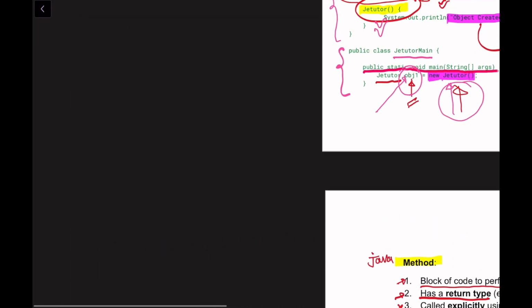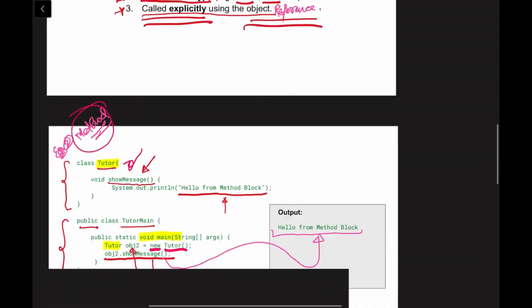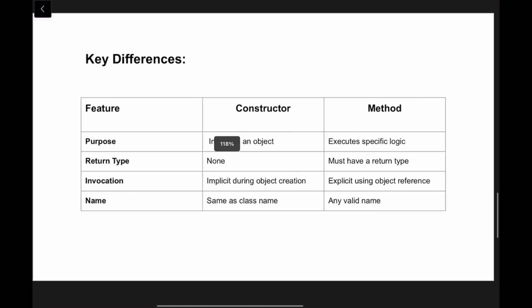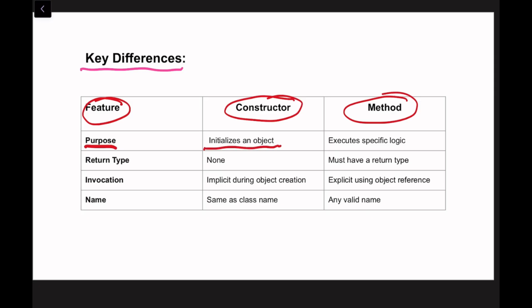For option D, let's check the differences between them. Let's see the key differences. In the first column we have the feature, second the constructor, and third the method. First we are checking the purpose. A constructor has the purpose to initialize an object, while a method has the purpose to execute specific logic. This is difference number 1.